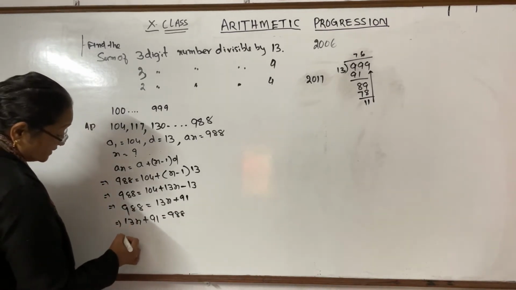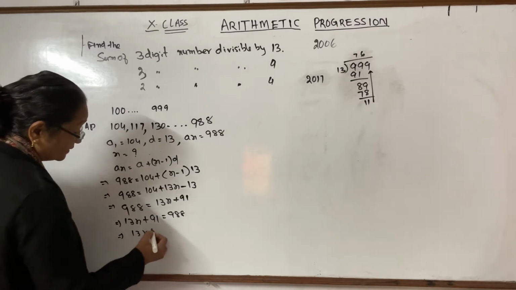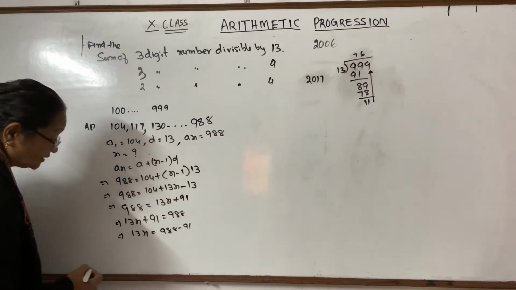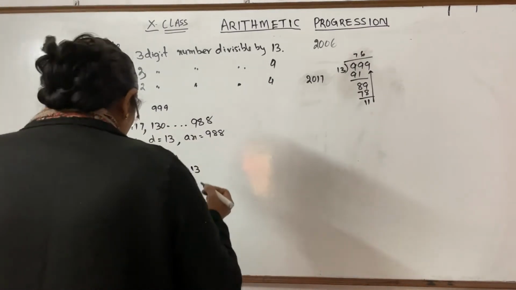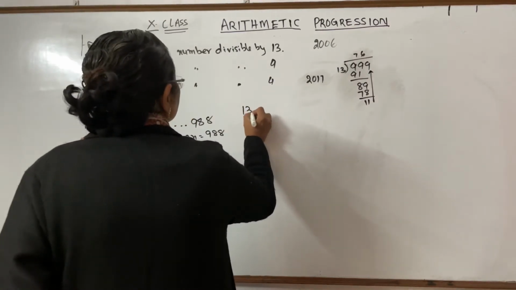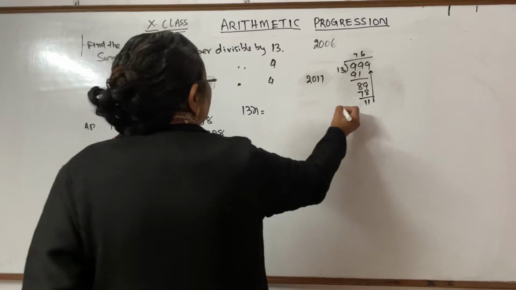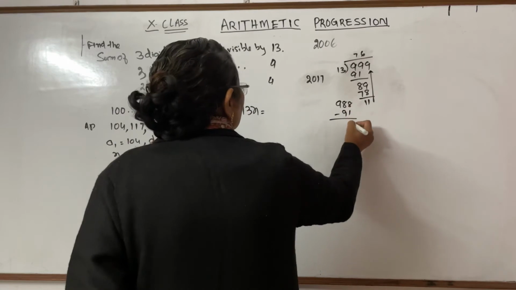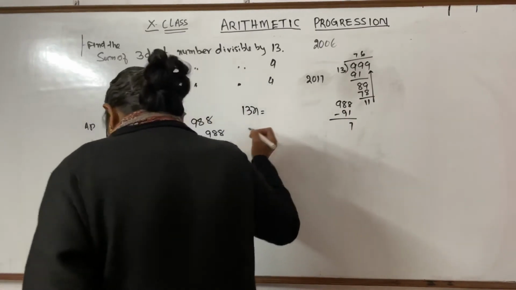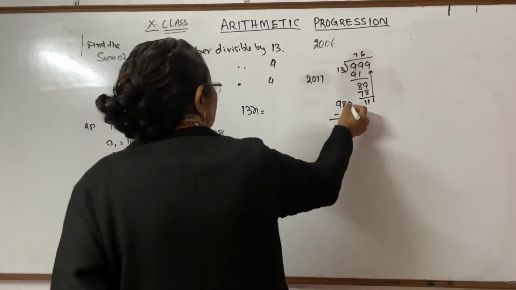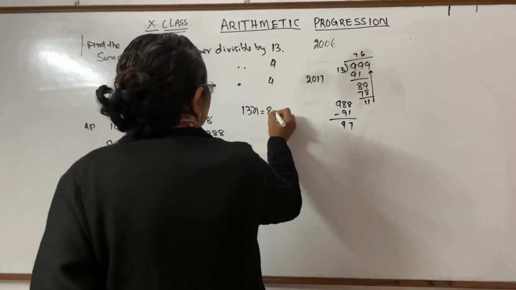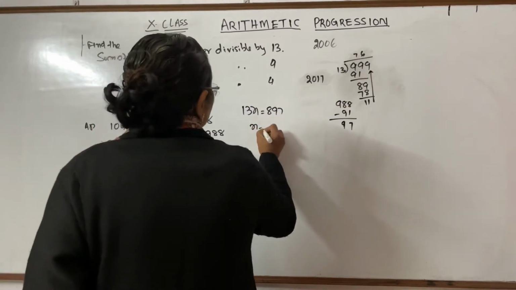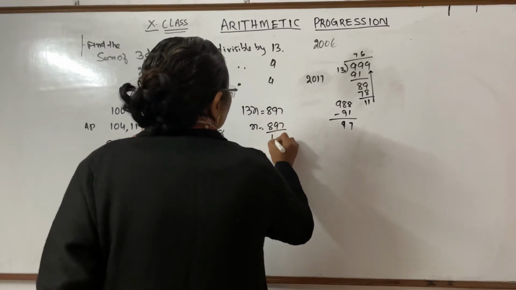This implies 13n equals 988 minus 91, that will become 897. Now n equals 897 divided by 13.